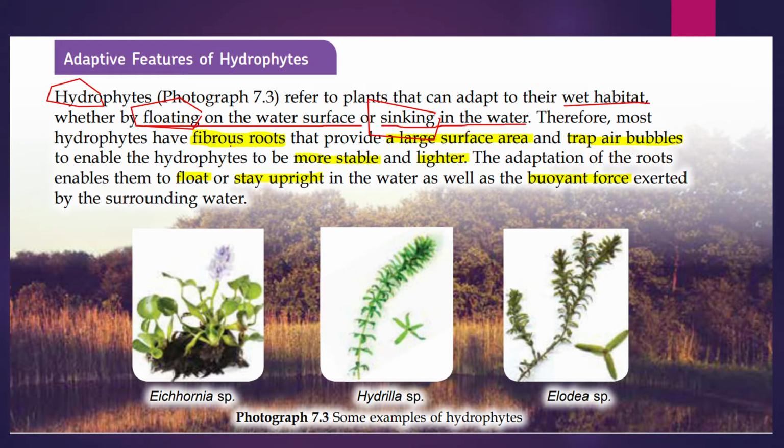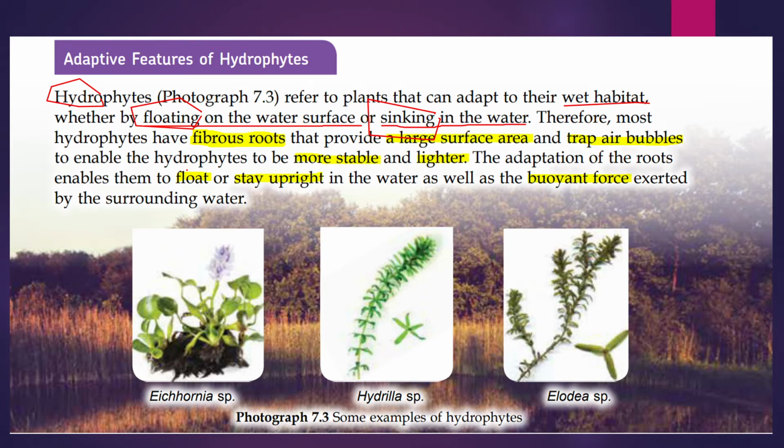Sebab tiny hair kan. Jadi dia akan memberi ada large surface area. Okay, because makin kecil, makin besarlah the area that is exposed to the environment. And also it helps to trap air bubbles.